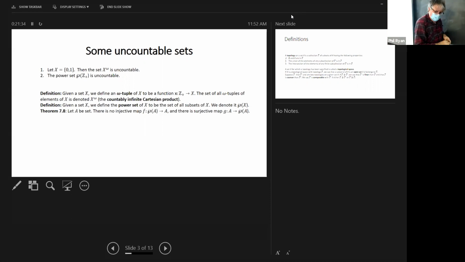Basically what we're going to show is that if we have a function from the positive integers to our Cartesian product, it cannot be surjective. And remember from our criteria from before, this is enough to show that it's uncountable.